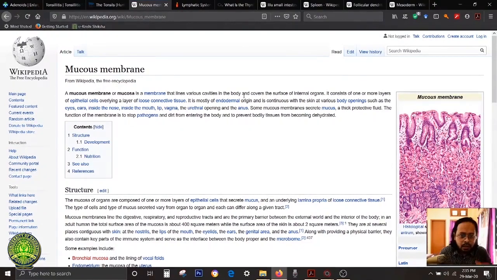Definitely they'll be releasing mucus, which will help you trap the pathogen. And then if you're trapping the pathogen, the lymphoid cells there will be trying to retain that antigen and present it to elicit either a B cell or a T cell response. Fantastic. Now you know it.